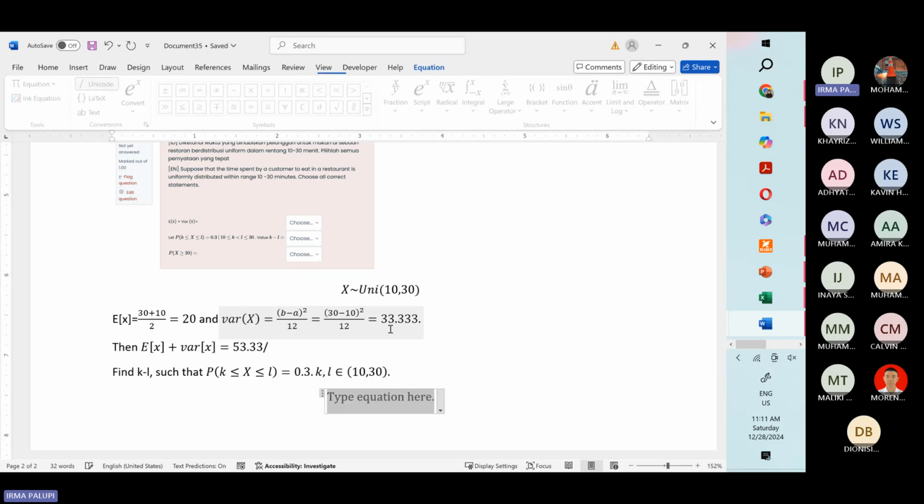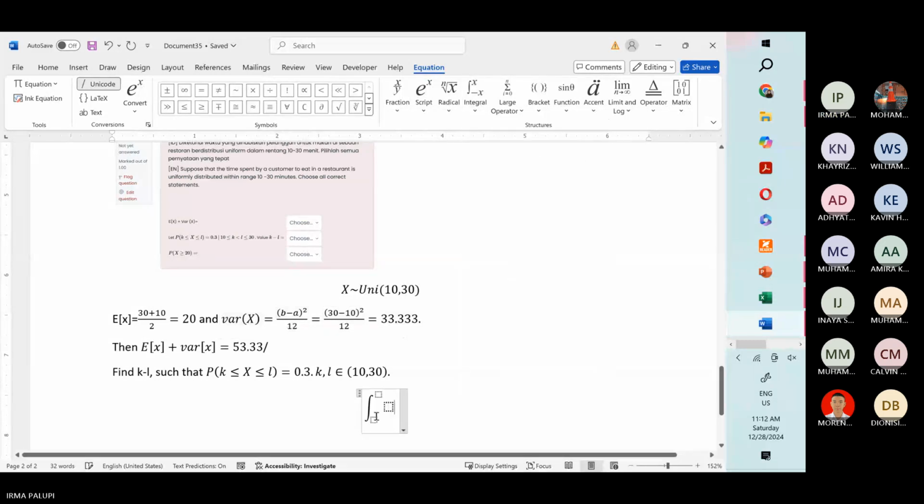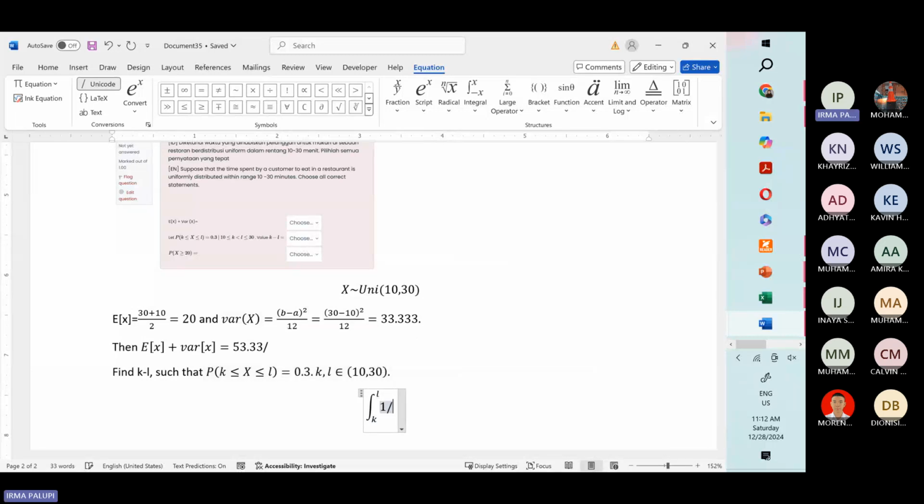Since X is uniform, if you want to do comparison fast, you need to remember that P for X lying between K and L is just the integral from K to L of 1 over b minus a.